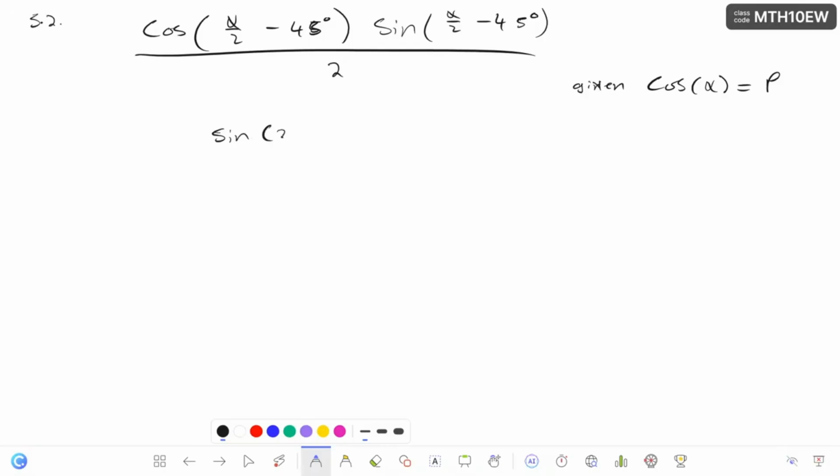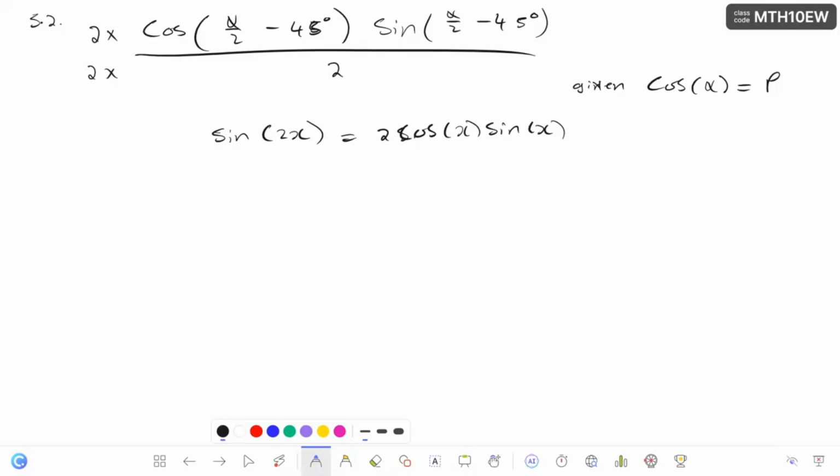sine 2x. This one can be written as 2 cos x sine x. Right, so we need to make sure we multiply this side by 2 and this side by 2. So this thing is not changing the equation.